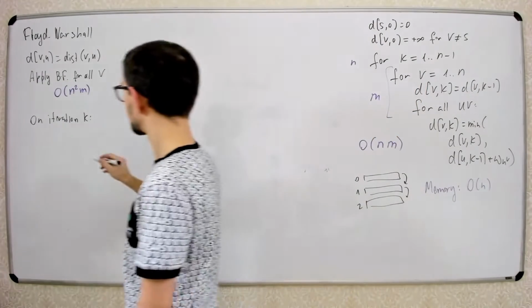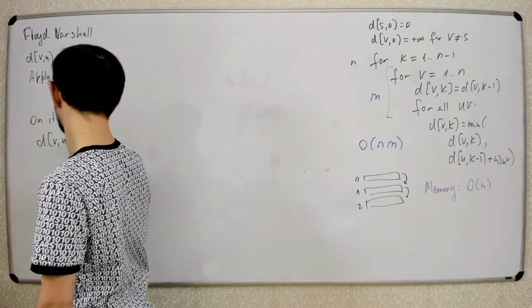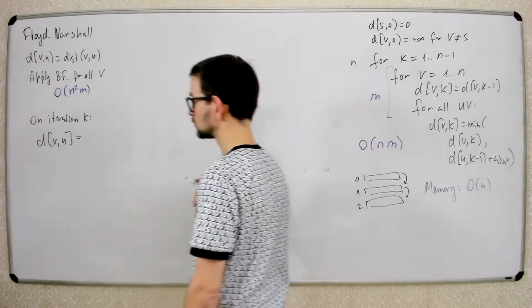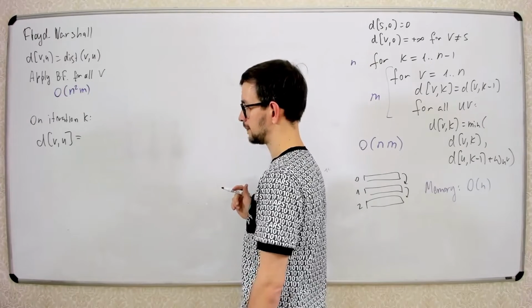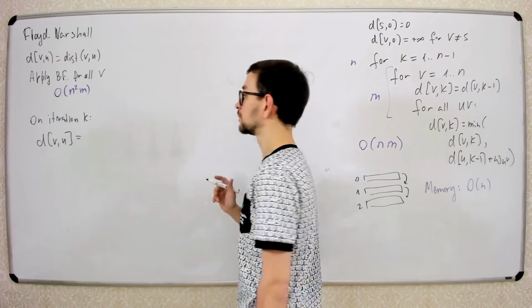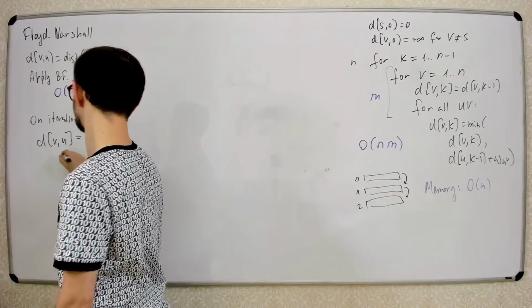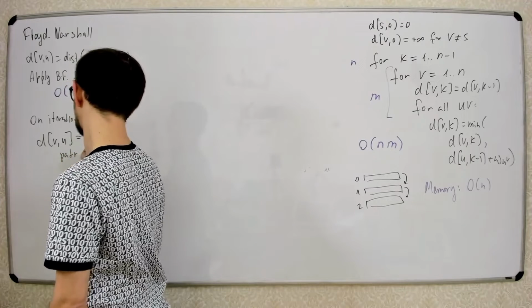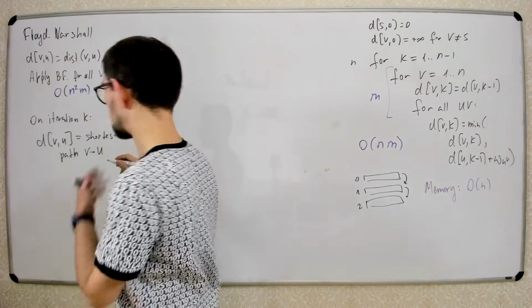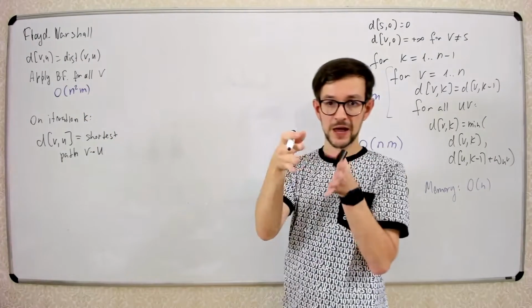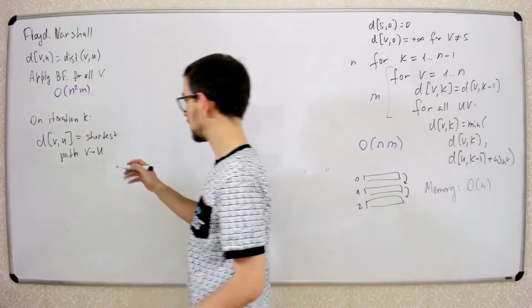We will say that value d of vu will be the shortest path from V to U, such that all the middle nodes in this path have indices at most k.